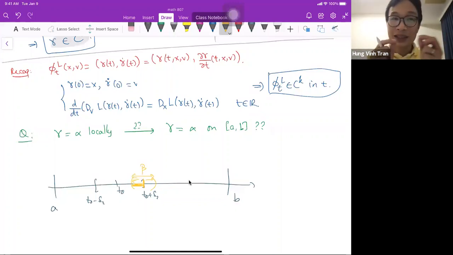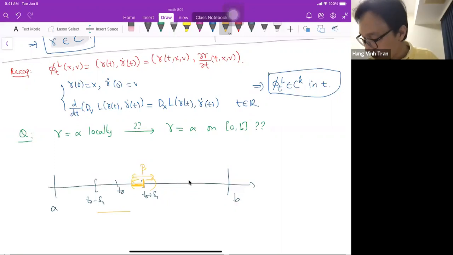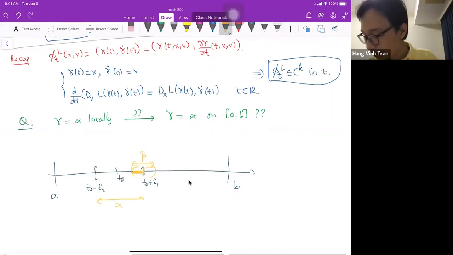We keep in mind that this goes back and also forth. So this piece is alpha, you extend it, this piece is beta, and alpha has to be exactly beta, continuing. It's the same.